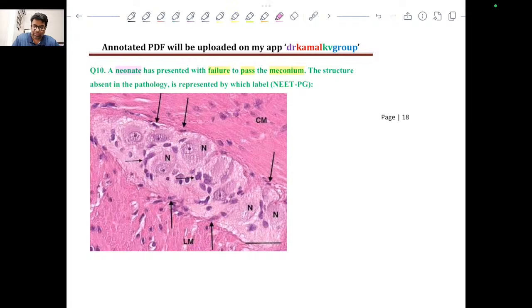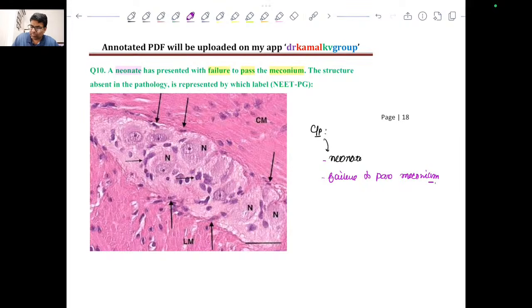So here, firstly you need to identify what this condition is, then only you can focus on the histology. So here the clinical presentation is a neonate, right, and failure to pass meconium.